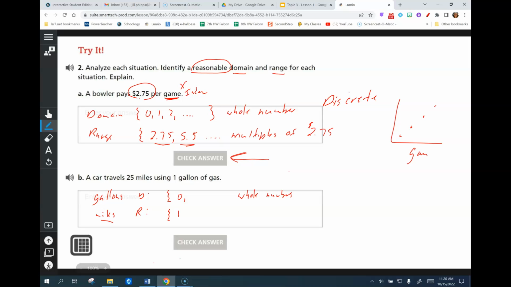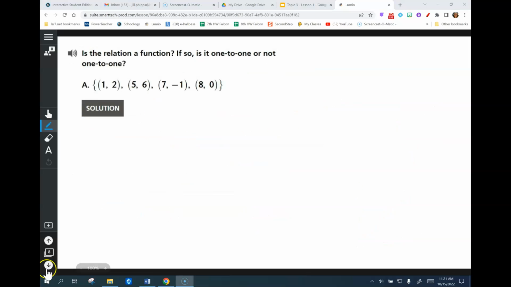Actually, these are going to be all real numbers, but they're going to be positive real numbers, because I'm not going to have a negative gallon of gas, or negative miles, okay? So this one would be continuous because I could draw a line because I can have fractions and decimals.